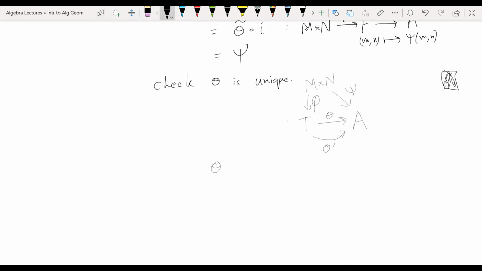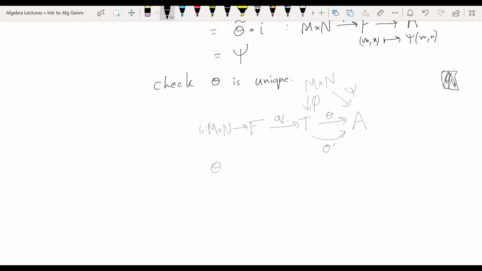Maybe it's not too bad. T of course is a quotient of F, and F is also made of M cross N. So there is a map I from M cross N to F. So we have this picture.